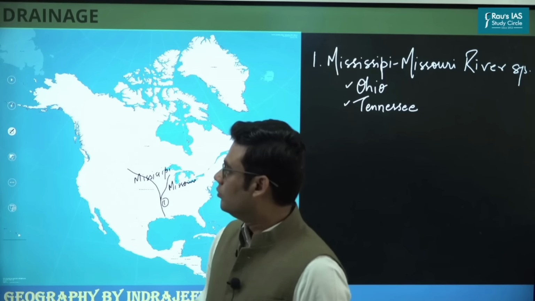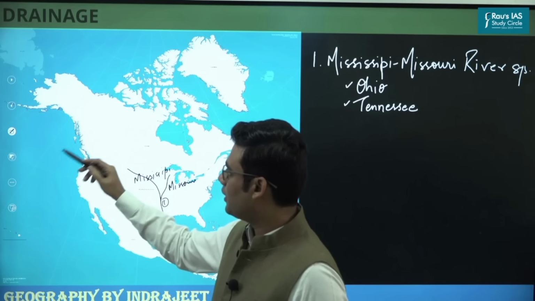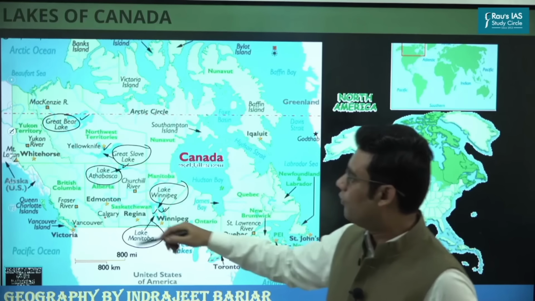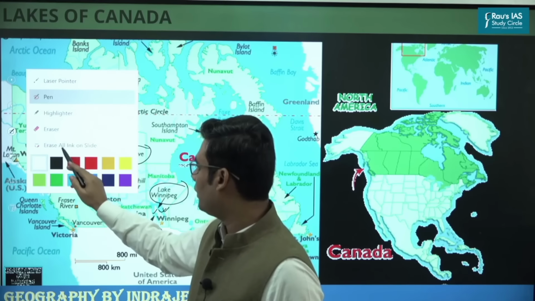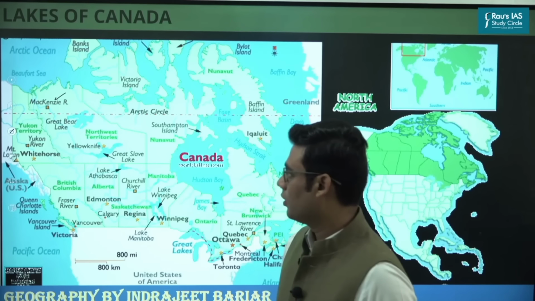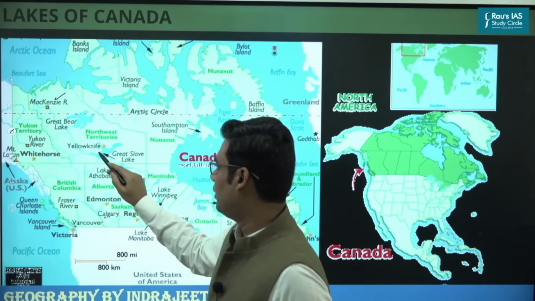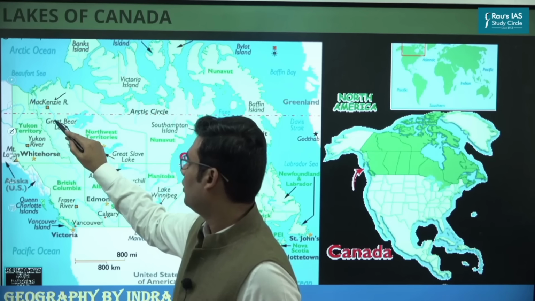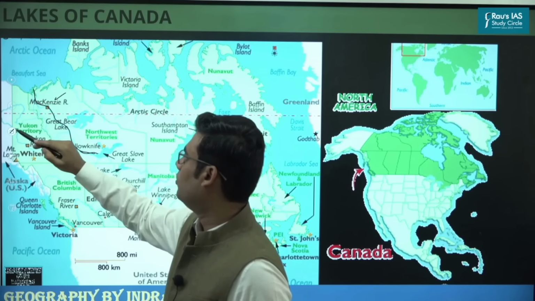Next important river lies in Canada. For this, I can go back to this map of Canada where I can see a river called the Mackenzie River. This Mackenzie River originates near Great Slave Lake and drains into the Beaufort Sea.